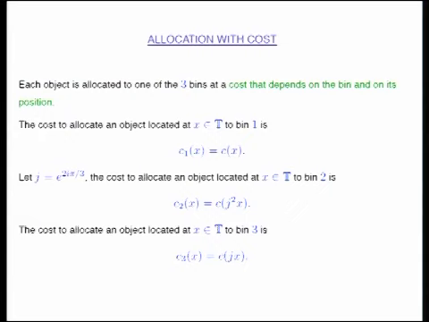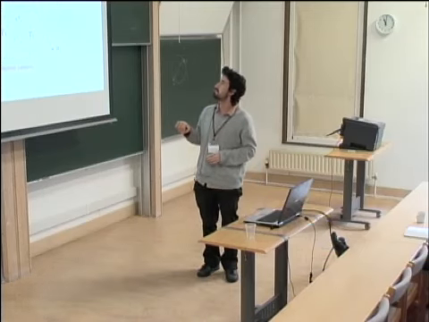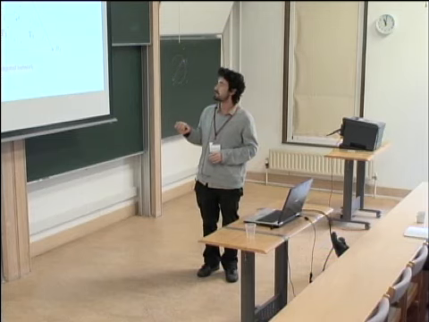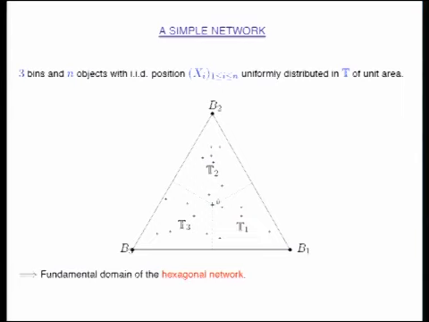So the cost to allocate an object located at position x to bin 1 will be c of x. The cost to allocate this object to bin 2 will be the same cost as allocating this object if it was rotated by an angle of 2 pi over 3.